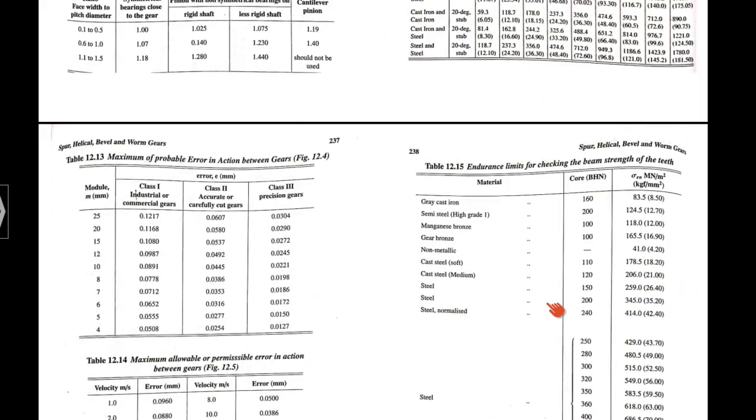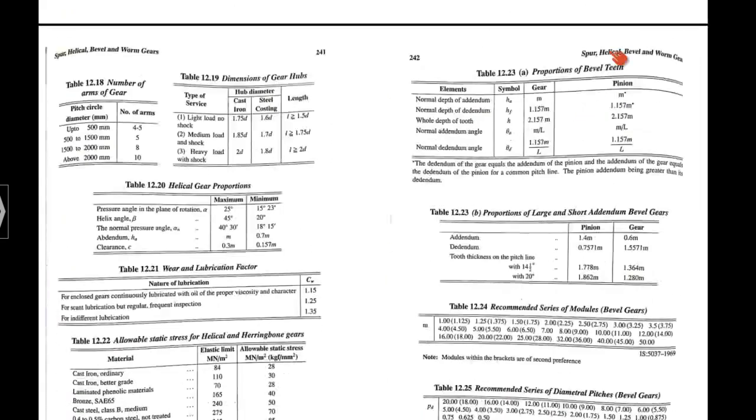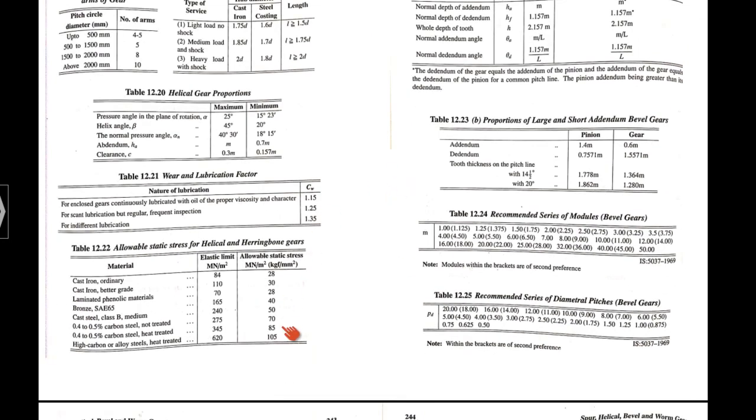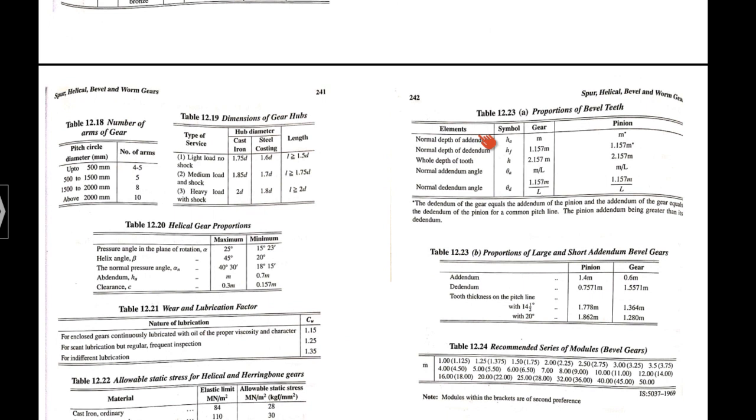So if you consider the bevel gear, you can see here bevel teeth. After table 12.22, from 12.23a onwards you have the proportions for the bevel gear. To find the dimensions in step number 4, you can use table 12.23a.